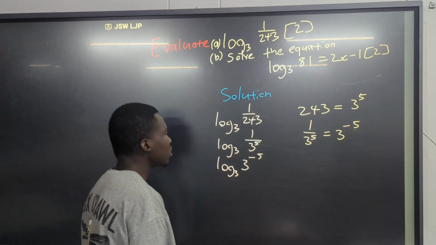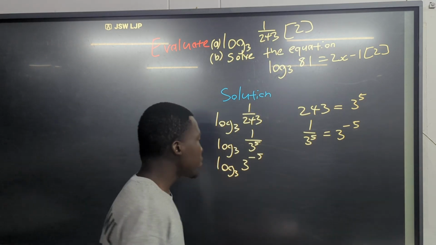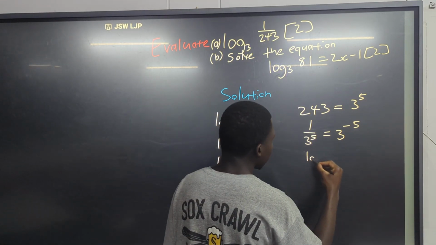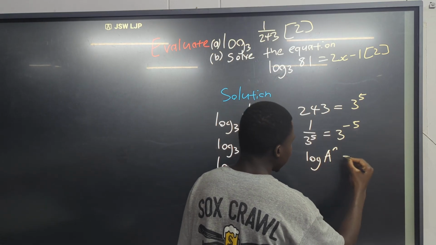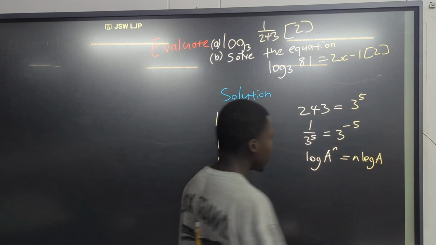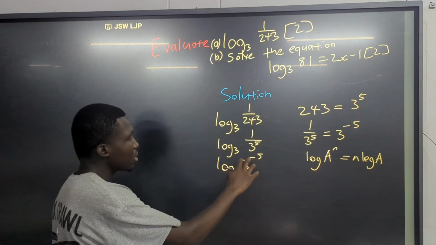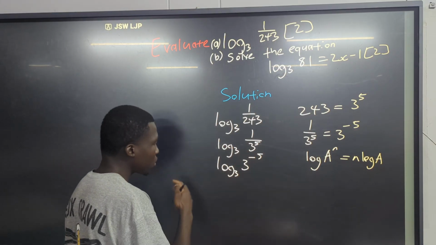Then at this junction, we're going to use the power law, which says the log of a to the power of n is the same as n log a, so the index part comes before the log.